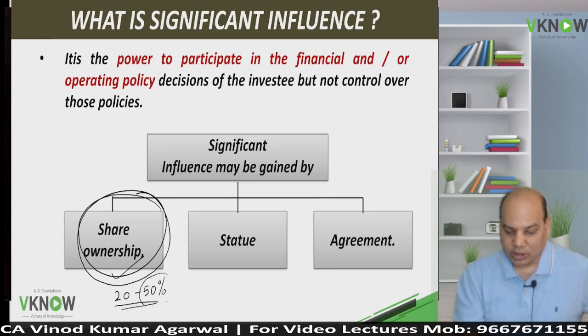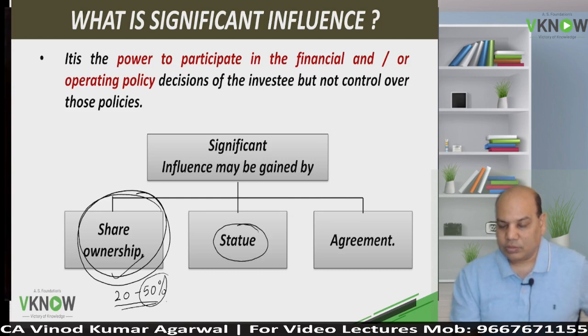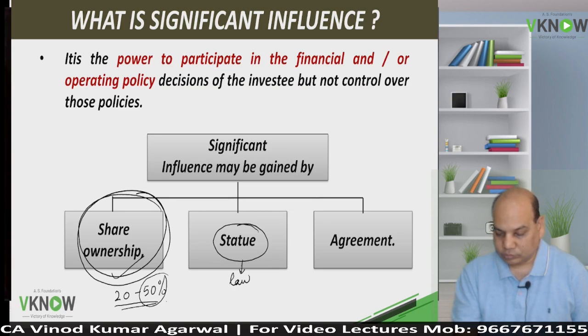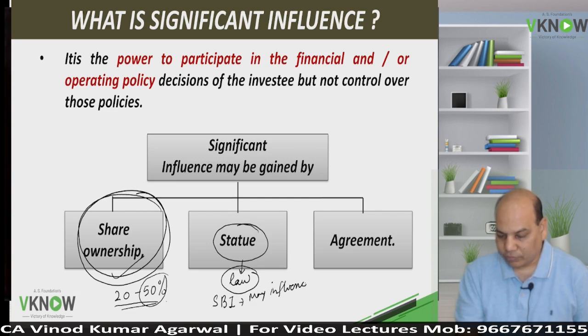Why have we not taken more than 50%? With more than 50%, the other entity becomes your subsidiary. Or it can be by way of statute, that is, law. The law may give you significant influence. For example, State Bank of India may influence other state banks by law.